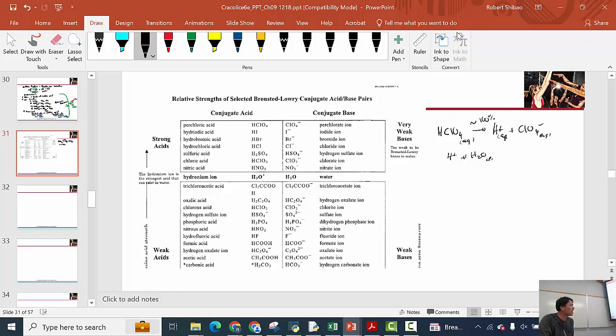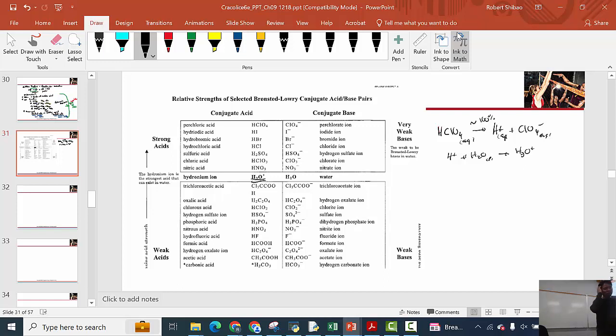And when H+ attacks water, it forms hydronium, H3O+. Even though this is a strong acid, you don't buy hydronium, you have hydronium. The hydronium is a result of H+ attacking water, that's all.